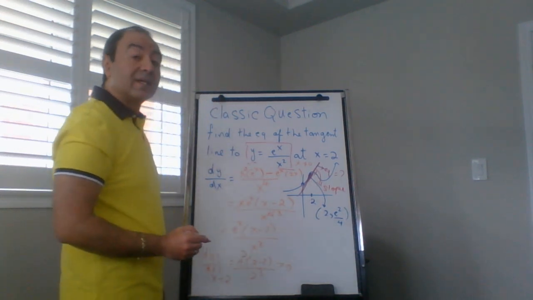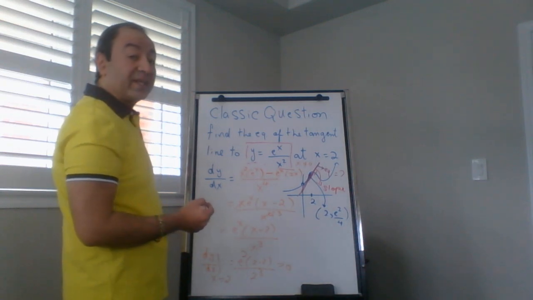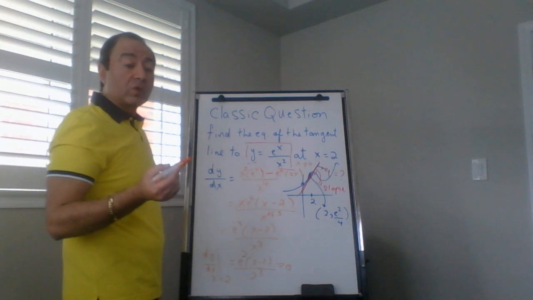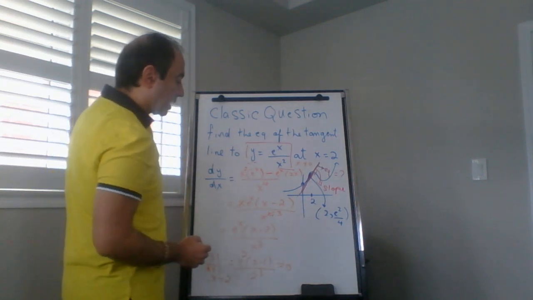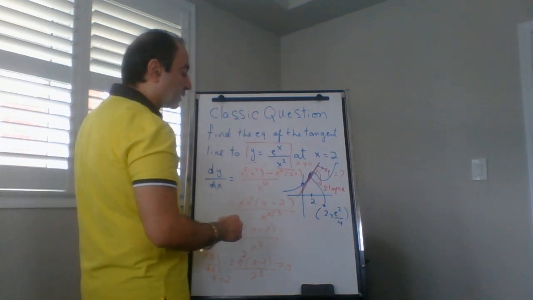That means this is a horizontal tangent, so probably it will be a local max or local min, because I found that the derivative is 0, so the tangent is horizontal.